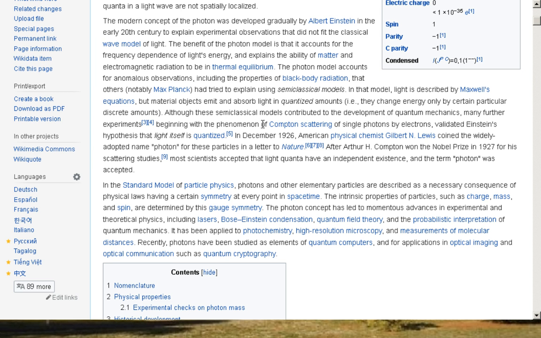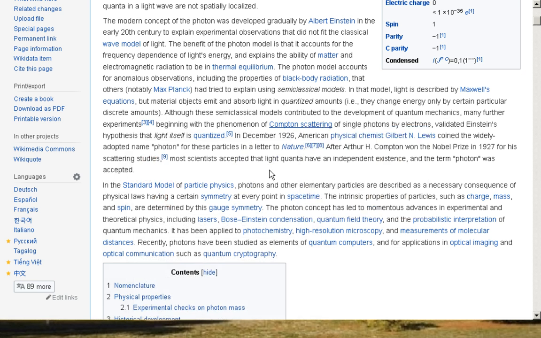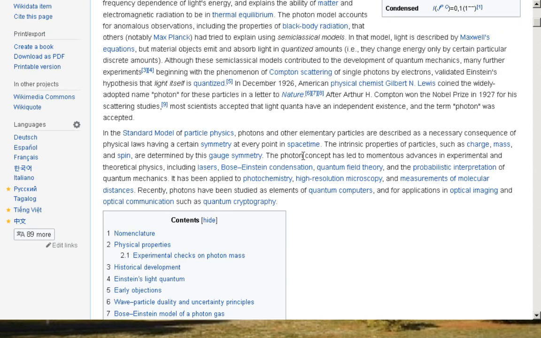Although these semi-classical models contributed to the development of quantum mechanics, many further experiments, beginning with the phenomenon of Compton scattering of single photons by electrons, validated Einstein's hypothesis that light itself is quantized. Photons and other elementary particles are described as a necessary consequence of physical laws having certain symmetry at every point in space-time.